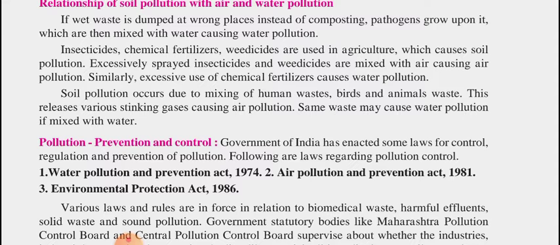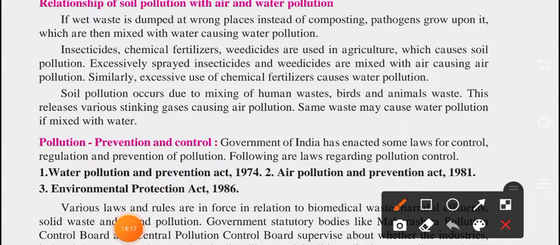Insecticides and chemical fertilizers like weedicides are used in agriculture, which causes soil pollution. Excessively sprayed insecticides and weedicides are mixed with air, causing air pollution. Similarly, excessive use of chemical fertilizers causes water pollution.